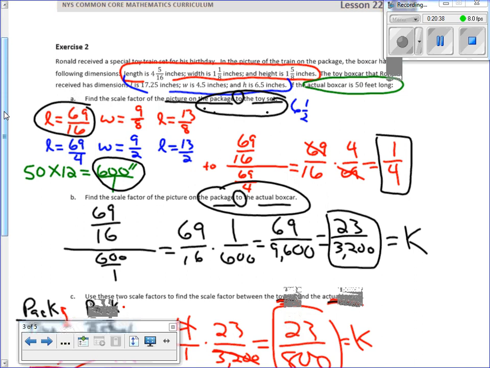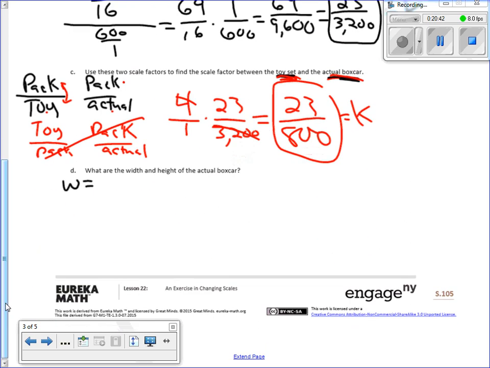So the toy boxcar width is 4.5 inches. So if I come down here, 4.5 is 9 halves. And I'm going to divide that by my scale factor from the last step, 23/800.